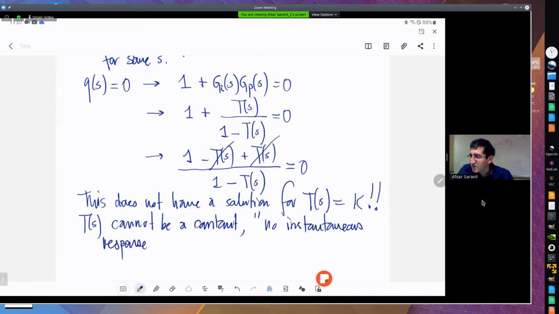Okay, so there needs to be a time constant. You cannot have an instantaneous response even if that response is not unity. Even if you have a positive gain larger or smaller than 1, you still cannot realize this and obtain a closed loop overall system with a certain response.